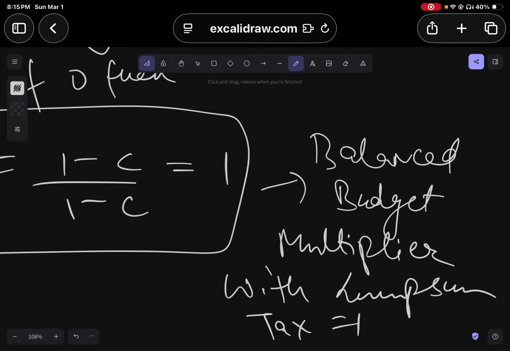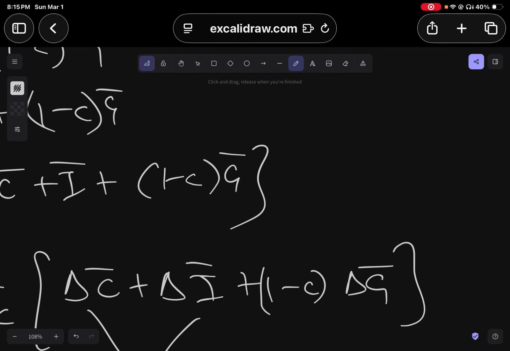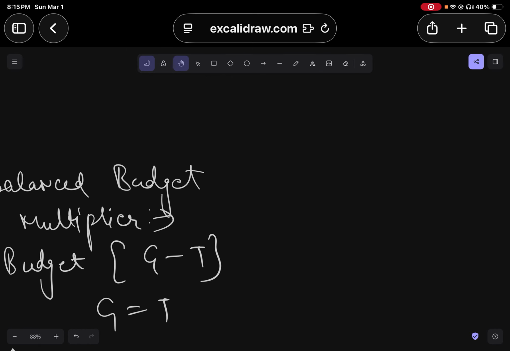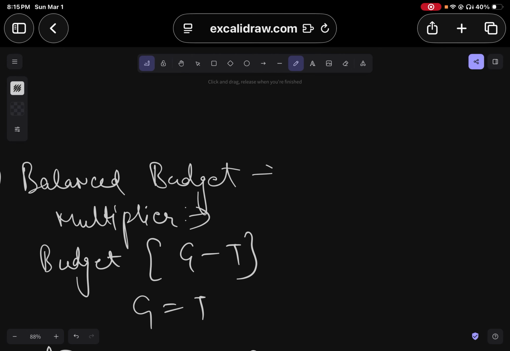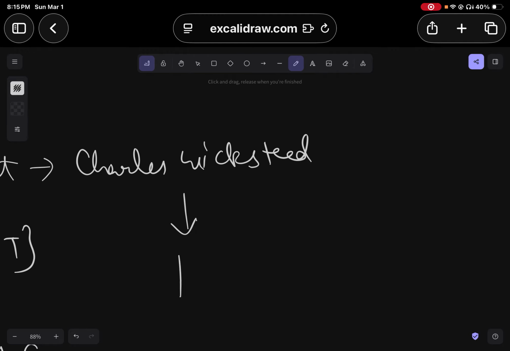Balanced budget multiplier theory was introduced by Charles Wickstead. After World War II, it showed that government could increase aggregate expenditure without increasing its fiscal deficit.